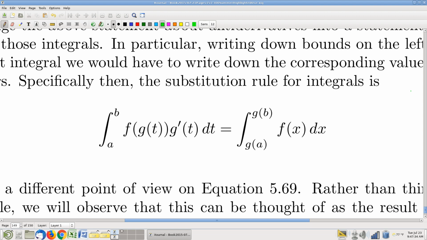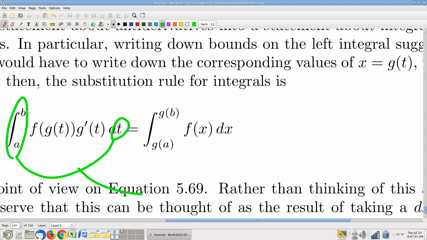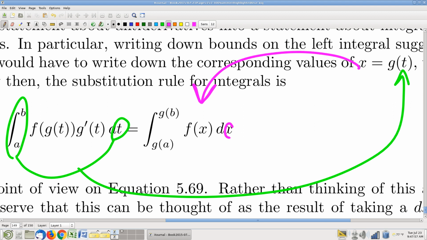Well, we're going to use something like substitutions as a way of changing the domain. And by the way, notice, if you're looking at t going from A to B, then that means that x goes from g of A to g of B. That's what the equation says.